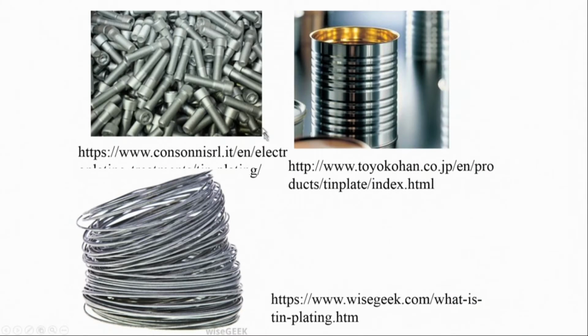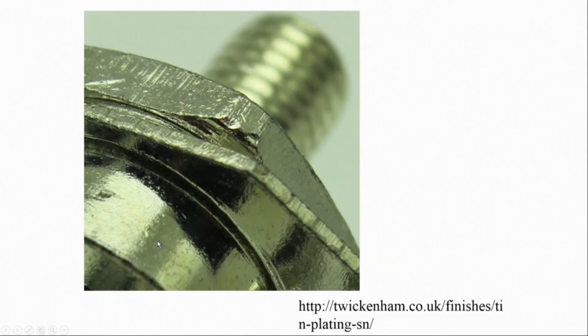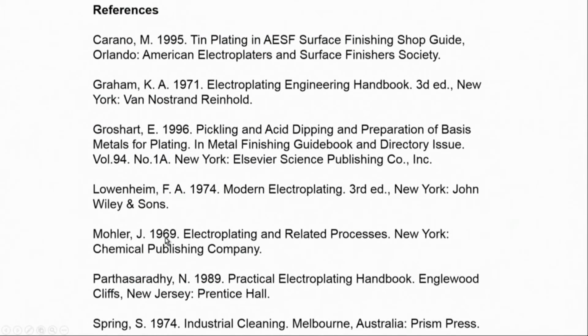You can also have screws and big beverage containers coated with tin, and you can also have spring coils, the coils of steel wires made with tin coating. So, the screws are made with tin coating. These are different applications of tin coatings, and these are the different references where details on tin platings are also given.